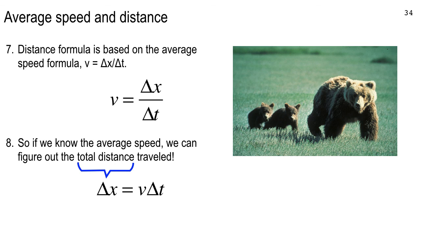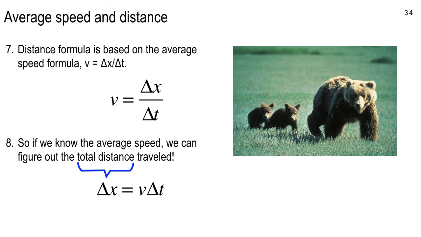So delta x is equal to v delta t. And that's just cross multiplying. From the definition up there, v equals delta x over delta t, and then just cross multiply. In other words, get the delta t over to the other side. And you have v delta t over there. And the numerator is still delta x, but it's by itself. It doesn't have a denominator.